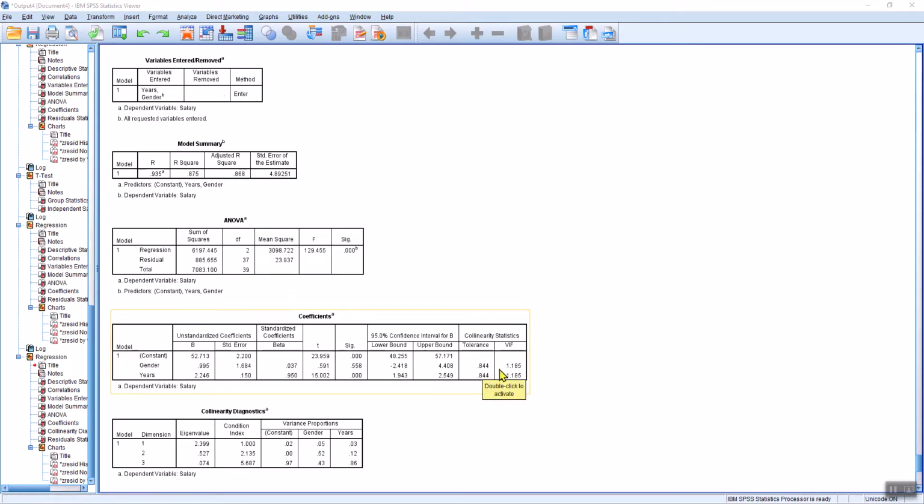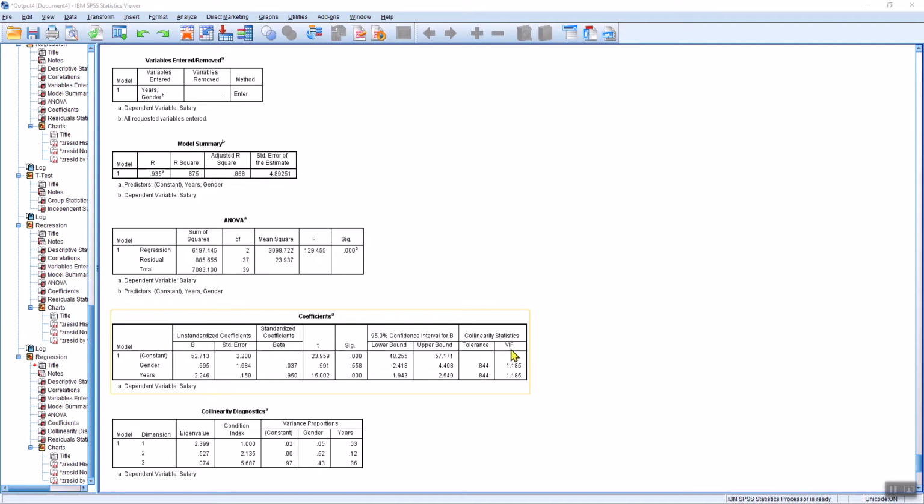So they'll often reflect the same reality. At any rate, tolerance is considered bad if the value is 0.10 or less. So we have 0.84, that's nice and healthy. That means that the correlated predictors here were not overly correlated.